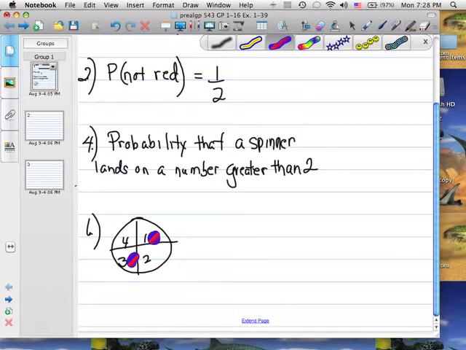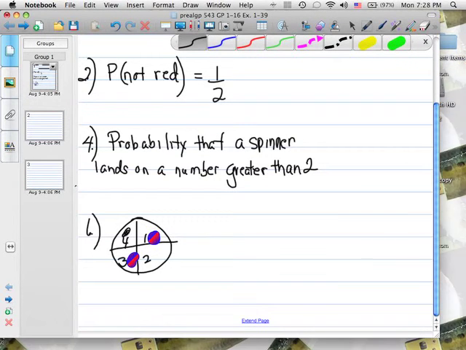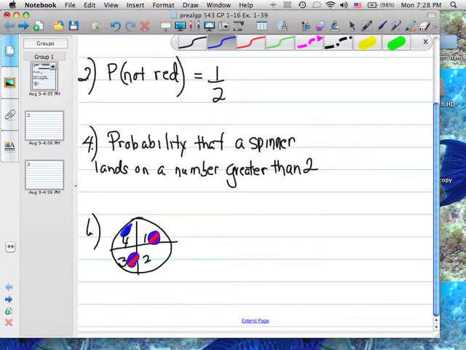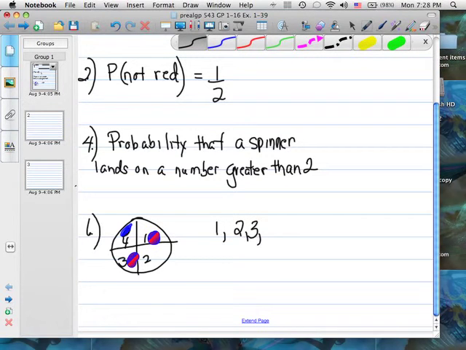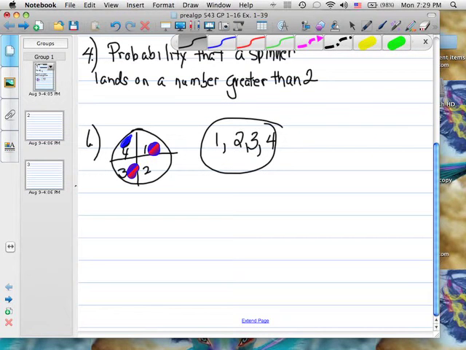This is blue. It looks black to me. This is blue, and this is white. So number 6, the spinner shown is spun, list all possible outcomes. Well, you could land on a 1, a 2, a 3, or a 4. So those are all your outcomes.